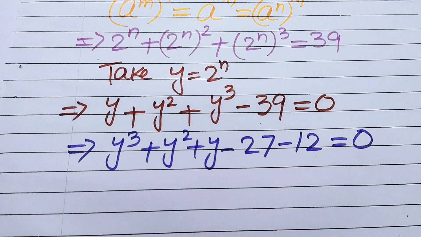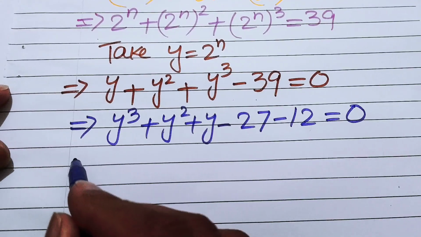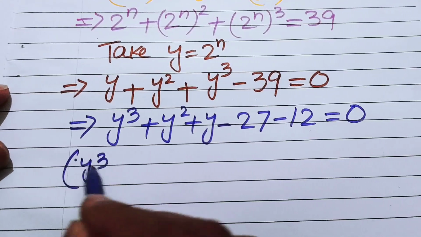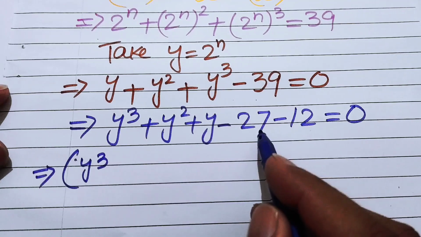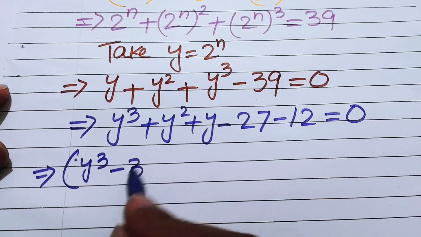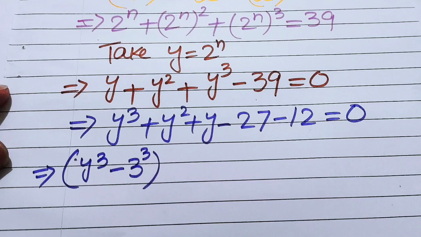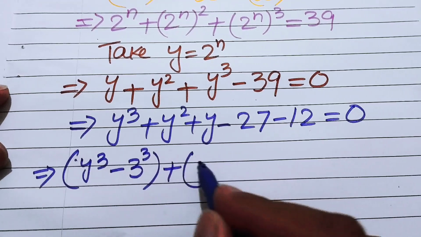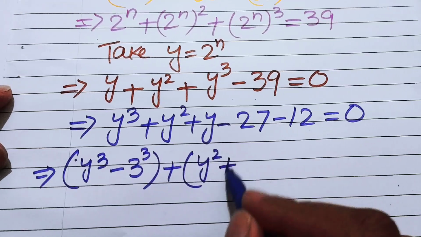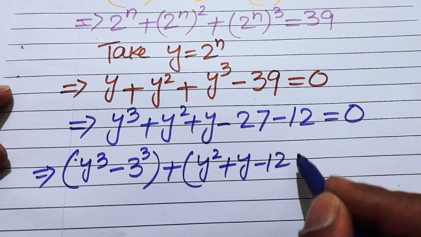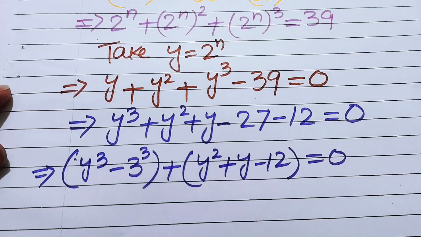After this step we will combine the cubic terms: the cubic terms are y cubed, and we write this 27 as minus 3 cubed, and the remaining terms are y squared plus y minus 12 equals 0.